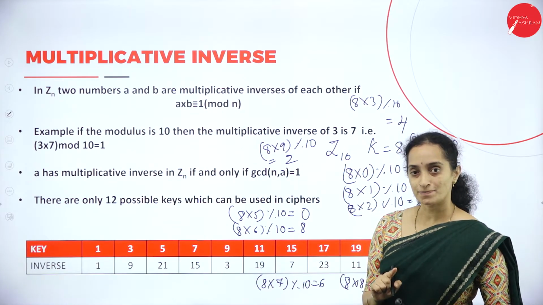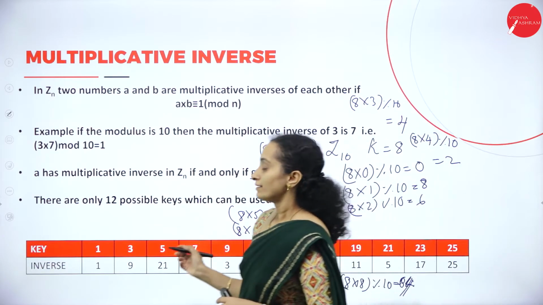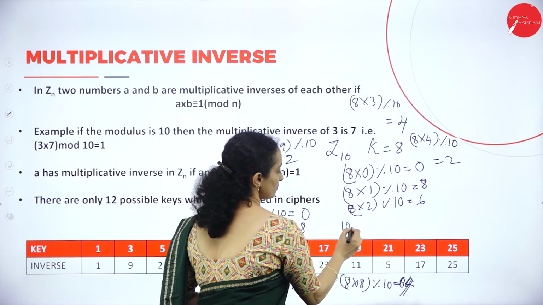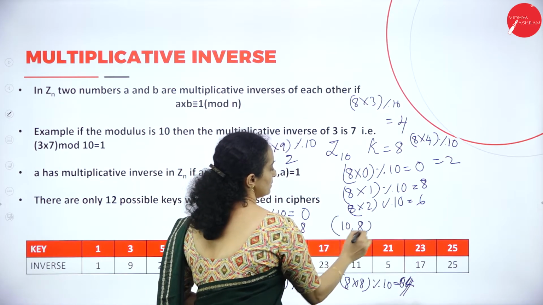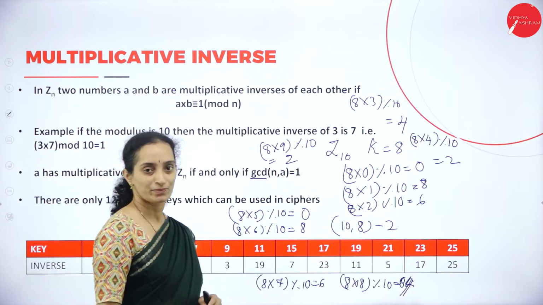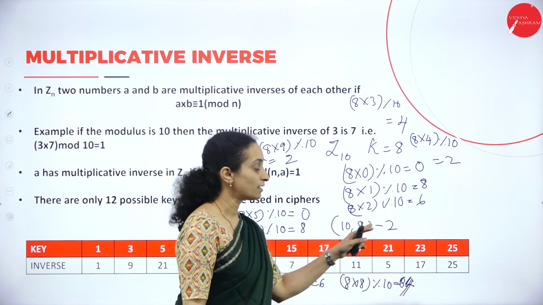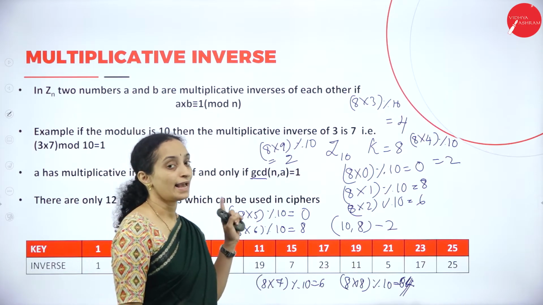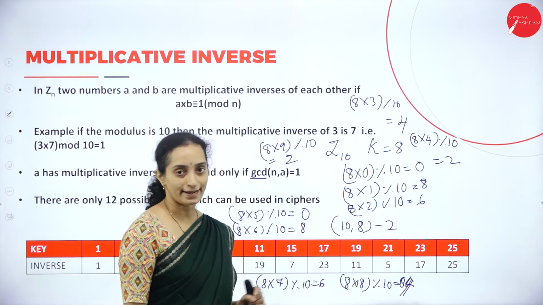Why? Because what is the GCD of 10 and 8? The GCD of 10 and 8 is 2, is it not? That means it is not possible to generate a multiplicative inverse for 8.